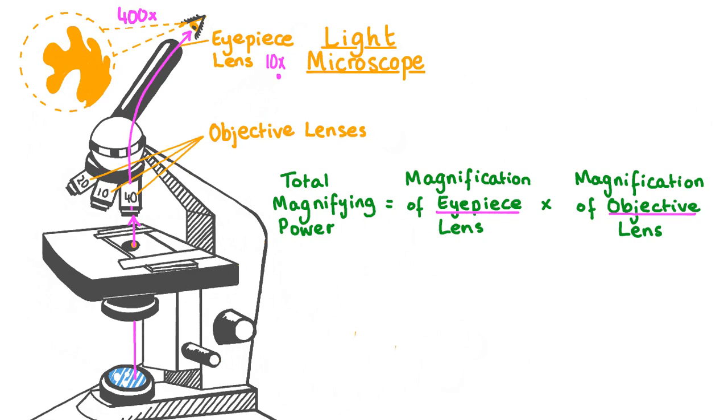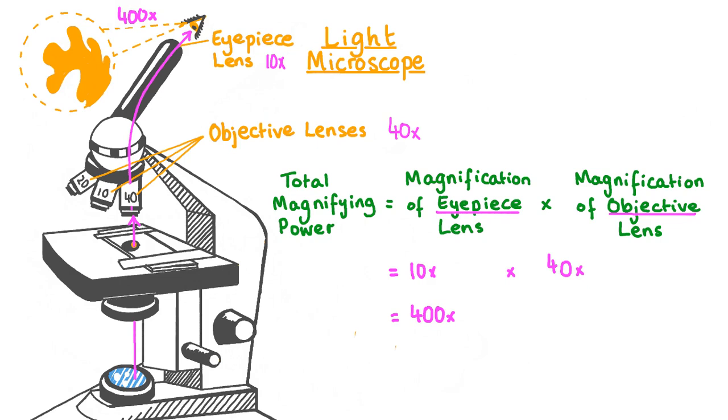For example, we are viewing this amoeba using the highest power objective lens, which is 40 times on this light microscope. Our total magnifying power would be 10 times the magnification of the eyepiece lens multiplied by 40 times the magnification of the objective lens that we are using. So the total magnifying power of our microscope and how much the image of the object is enlarged by is in this case 400 times.